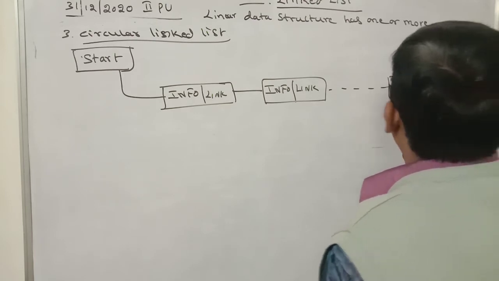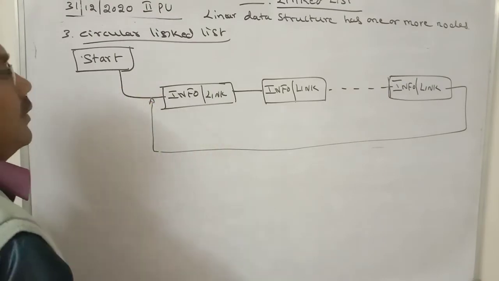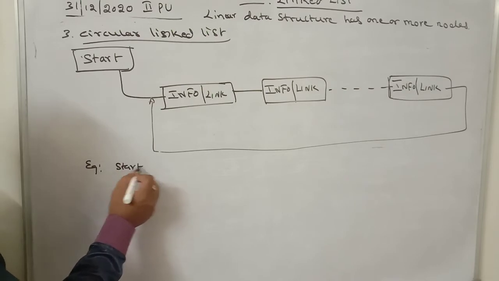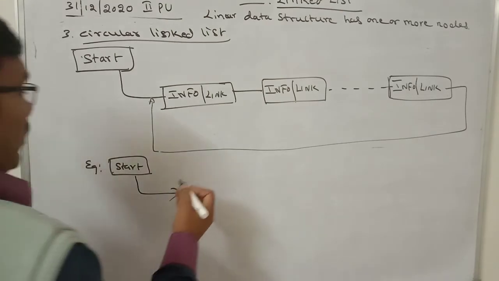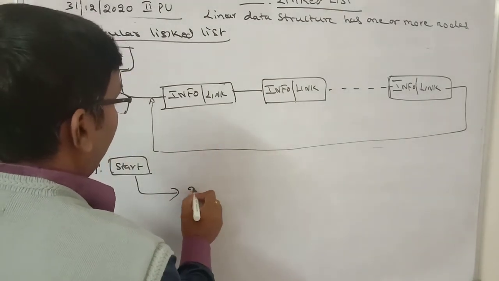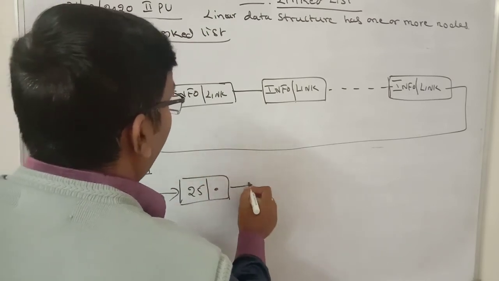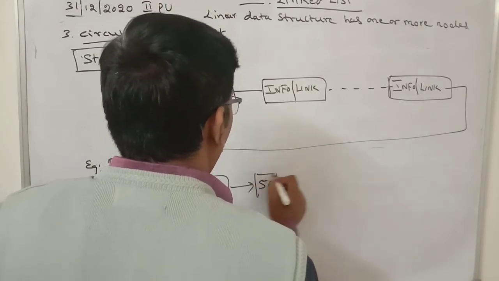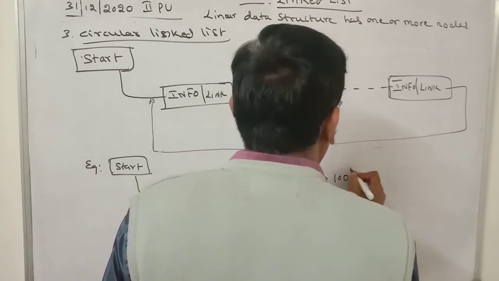But here the last link is connected to the first link, that is called a circularly linked list. Example: starting pointer, then information, any information you can hold. For example, 25 is the data, and next pointer, and similarly next 50 is the data, and the next pointer, and 100 is the data, and next pointer.